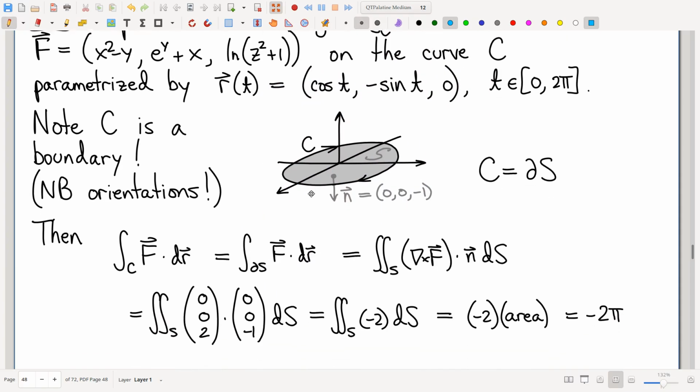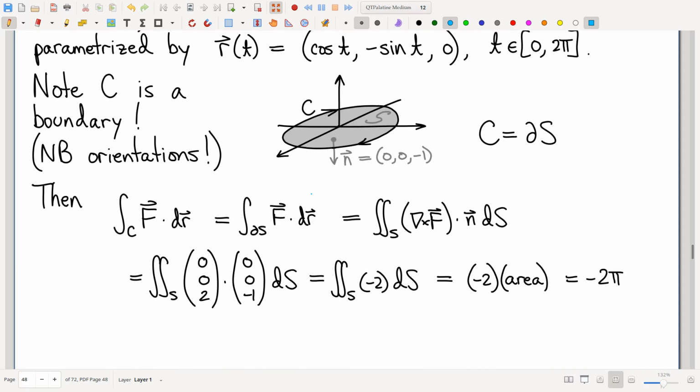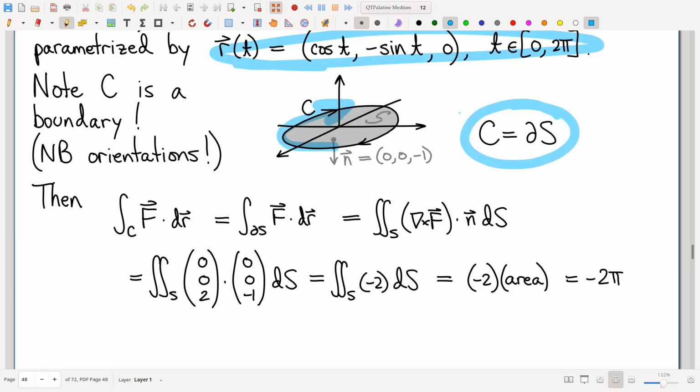Okay, so we in fact do have a boundary. Let me remind myself. Okay, so this curve is a boundary. No orientation. Let's say it this way. We've already dealt with the orientation by choosing the correct normal vector for our surface.